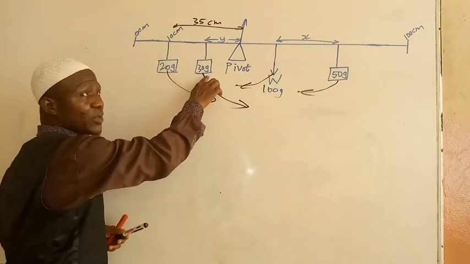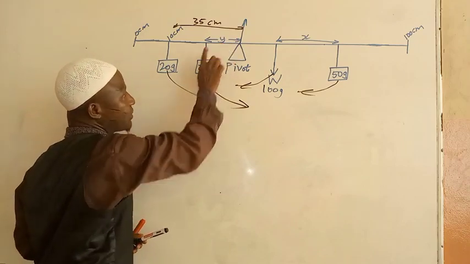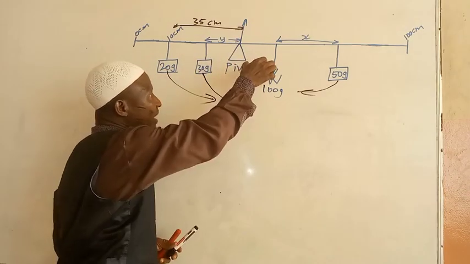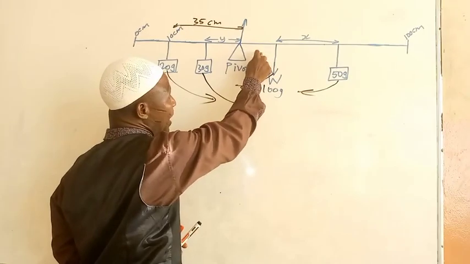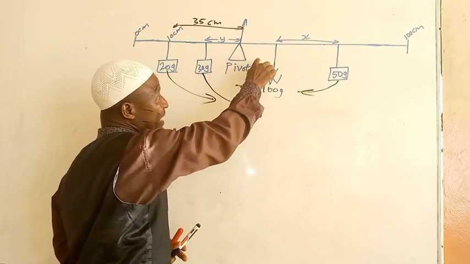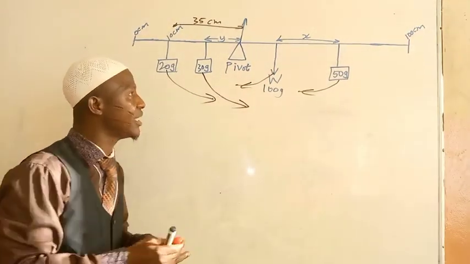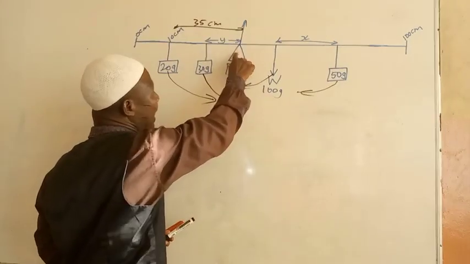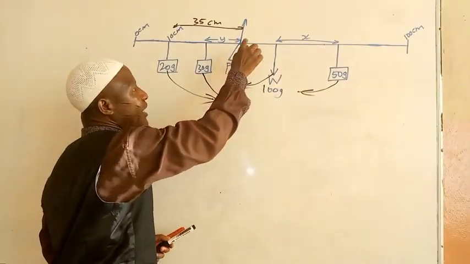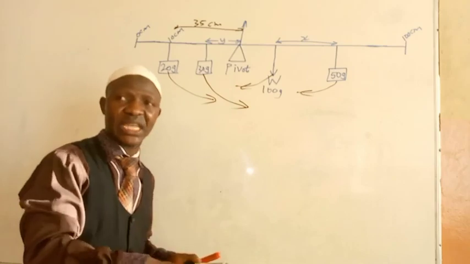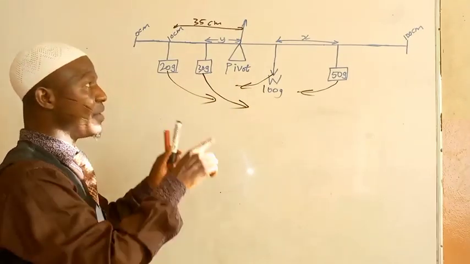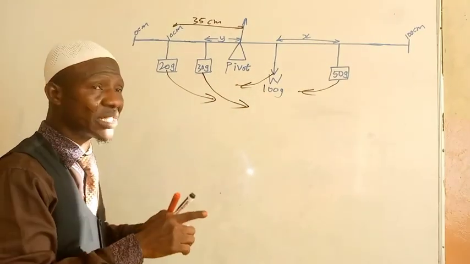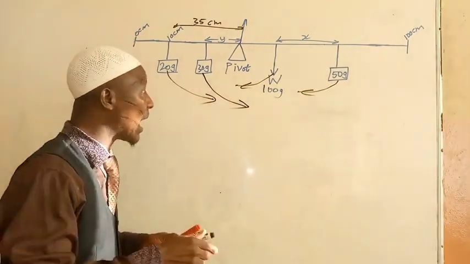Then the distance of this one is given directly as y. Now, the question gives this one as well, systematically, in the sense that they said it balanced at 45. The weight of the metal rule itself will be at the center of the metal rule, that is the center of gravity, which is the 50 centimeter mark.